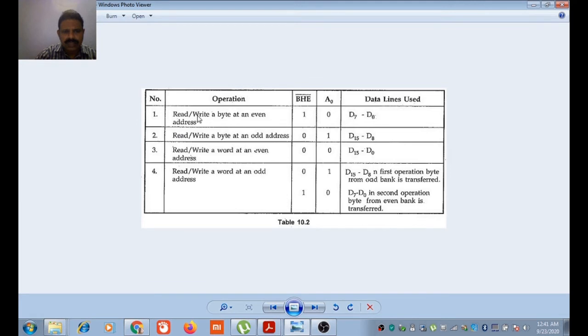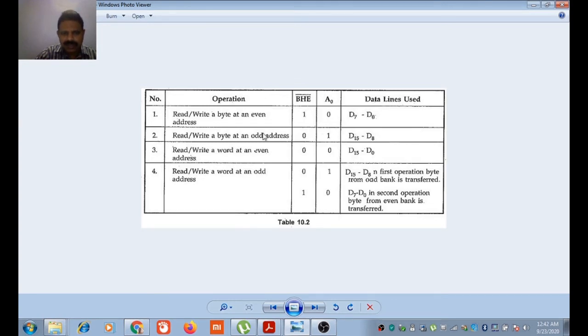See, to read or write a byte at an even address, the microprocessor will make BHE bar equal to 1 and A0 equal to 0. For every even address, A0 is 0. The data will appear on D0 to D7. To read or write a byte at an odd address, you should make BHE bar equal to 0 and the A0 bit will be 1.